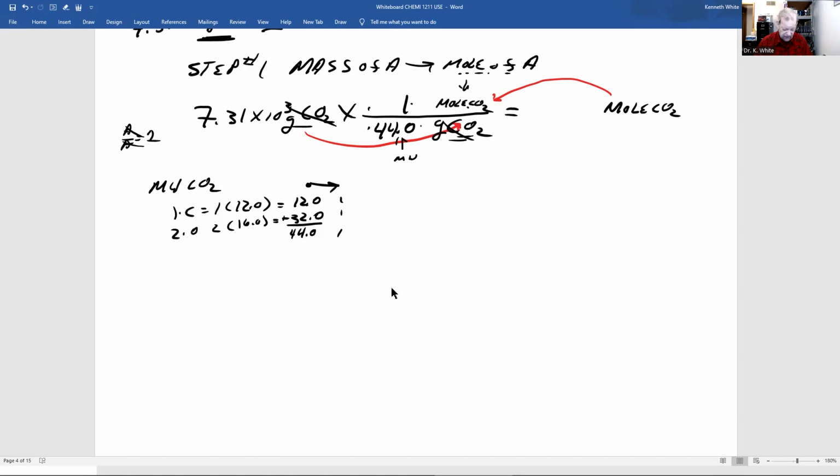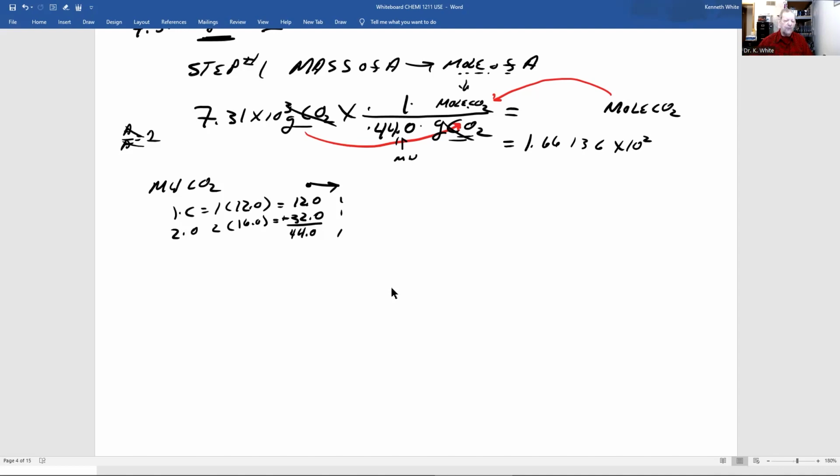And have 7.31 blue double E, that's how I get the third, times 10 to the third, divided by 44.0. And my calculator gives me this huge number, huge being number of significant figures. I'm not going to write all of them. There's some more, but this is enough, times 10 squared.